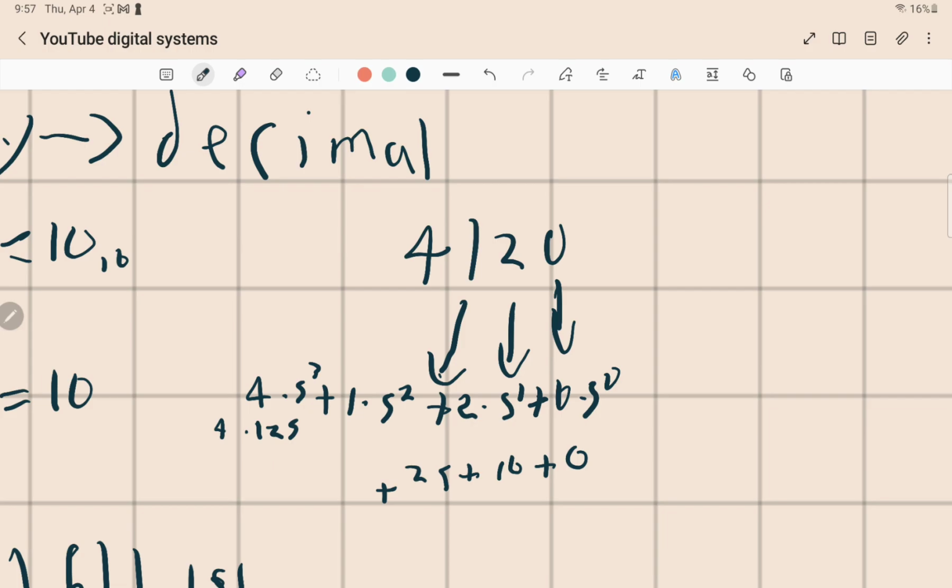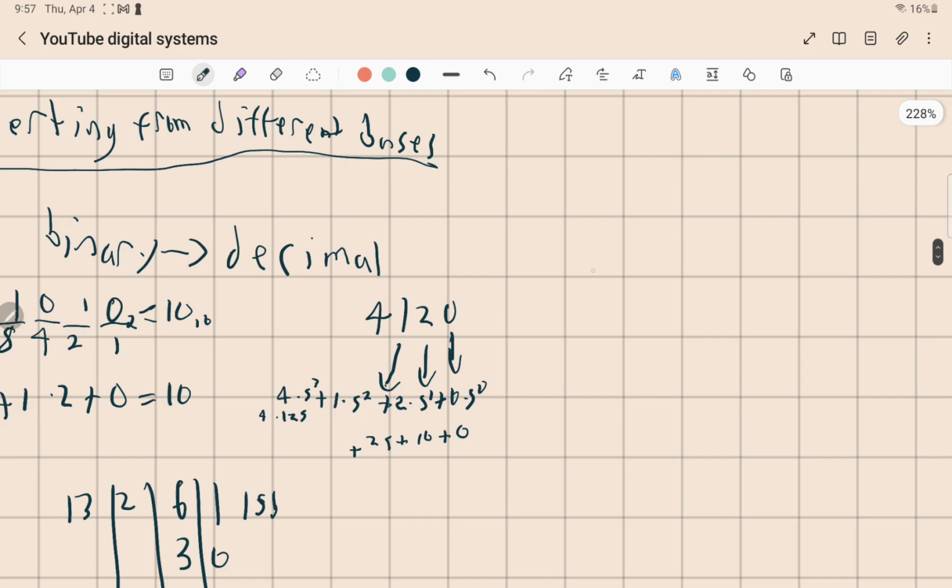So let's do the math here. No, it's 500.